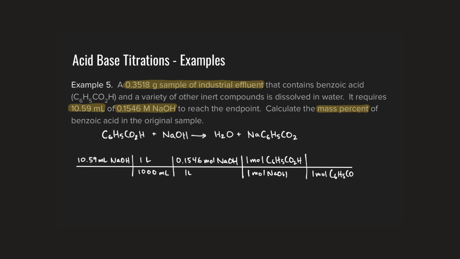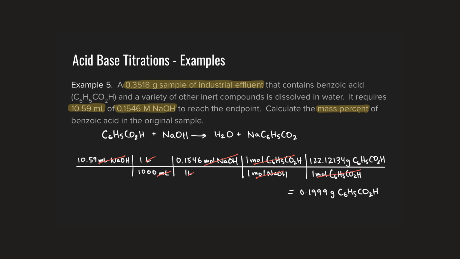So 1 mole of my benzoic acid, previously calculated, has a mass of 122.12134 grams. And watching our units canceling out here, milliliters of NaOH cancel with milliliters of NaOH, liters cancel with liters, moles of the base cancel, moles of the benzoic acid cancels, and I'm left just with grams of benzoic acid. And I go through and make my calculation, and it comes out as 0.1999 grams of benzoic acid reacted in that process.